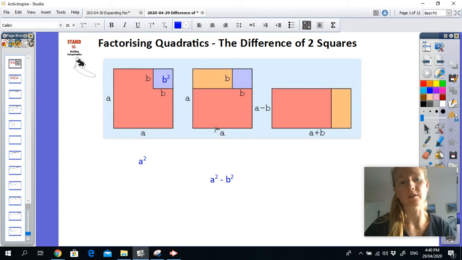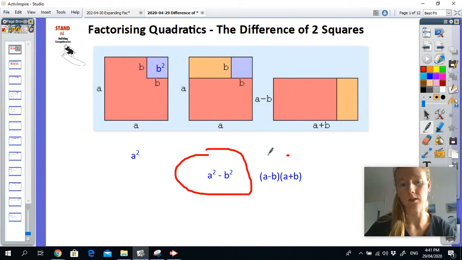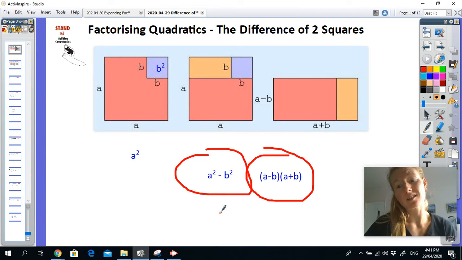So what this shows us is that if we have A squared, and we subtract b squared, we are left with essentially another rectangle, which we could express as a minus b multiplied by a plus b. Okay. And these two here are equivalent.